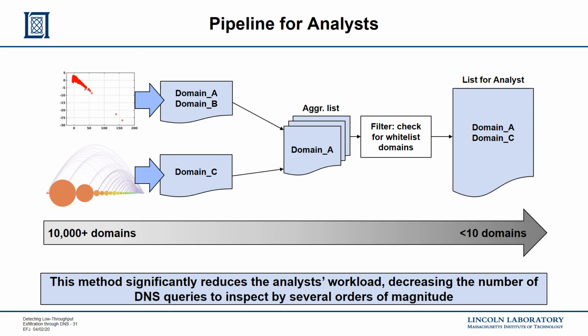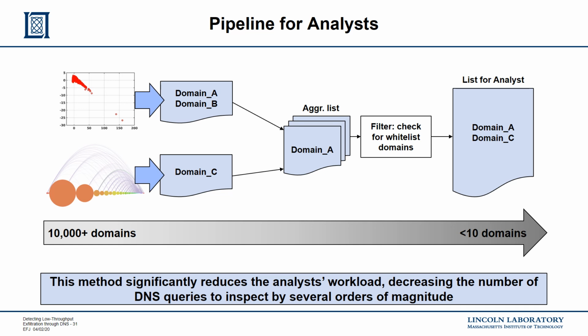And the final tool that we would develop would look at taking the list of suspicious domains from each of these approaches and aggregating them into a list for a network analyst to delve into deeper to determine if these domains are performing malicious exfiltration and need to be addressed.